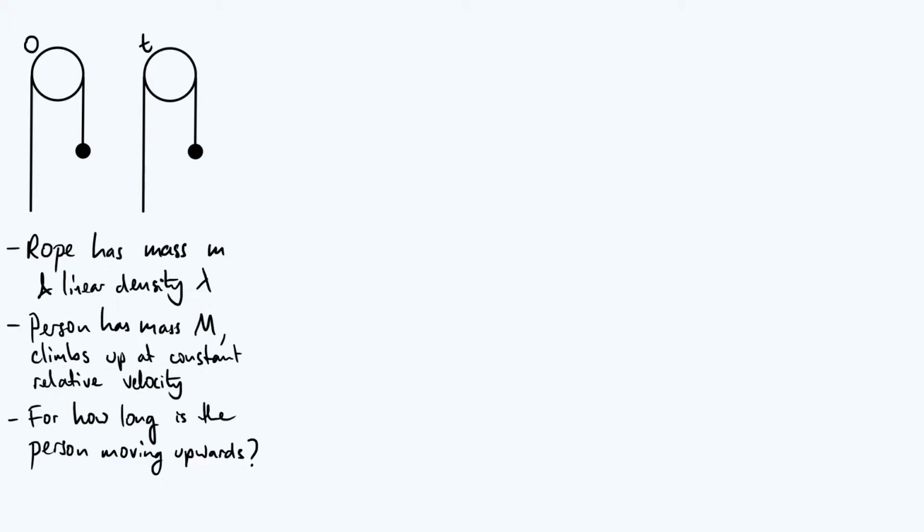So I've just duplicated this diagram to illustrate that we have some initial equilibrium configuration at a time of 0, and then some other configuration a little bit later after a time t has passed. I'm just going to edit my diagram at time t a little bit to reflect how things will have changed. So our person will have climbed up a little bit, maybe they're now up there.